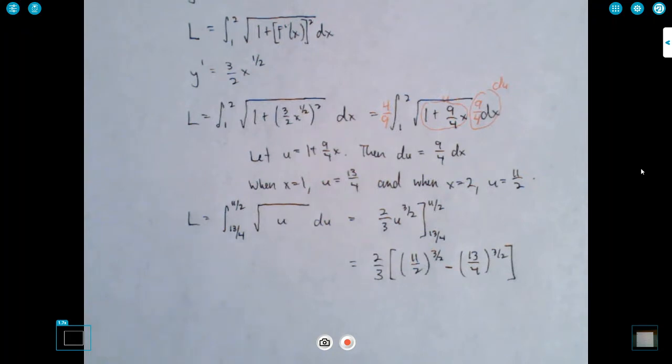2/3 times 11/2 to the 3/2 minus 13/4 to the 3/2.